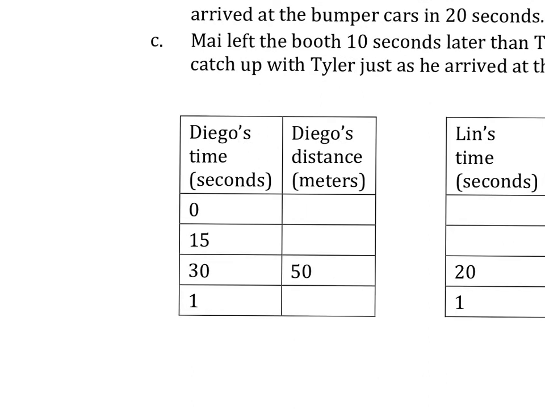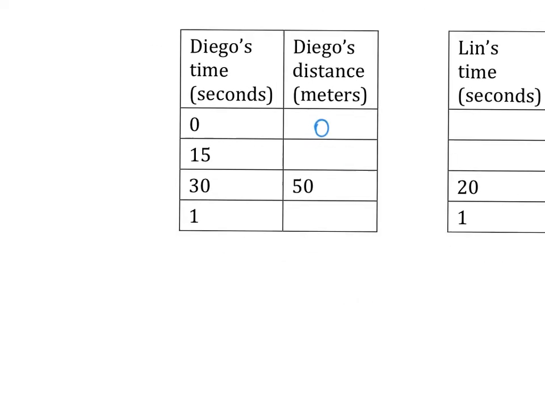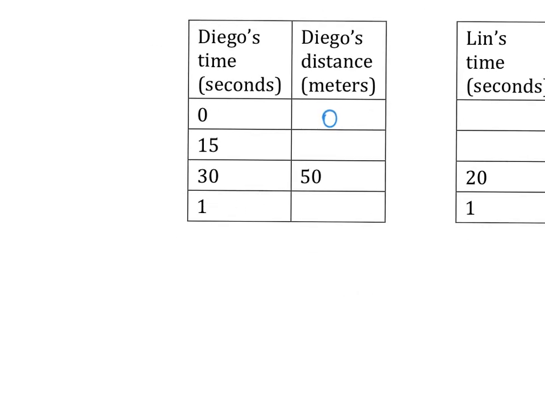Now Diego at 0 seconds, he was 0 meters. He didn't travel. Okay, now if it took him 30 seconds to go 50 meters and he was running at a constant pace, that means there is a constant of proportionality. So to figure out that constant of proportionality, I need to take my y and divide it by x.